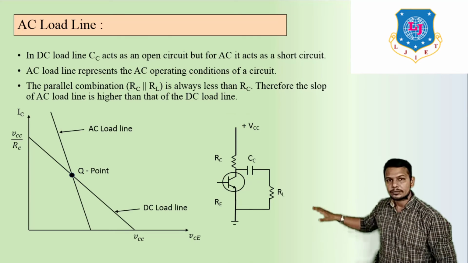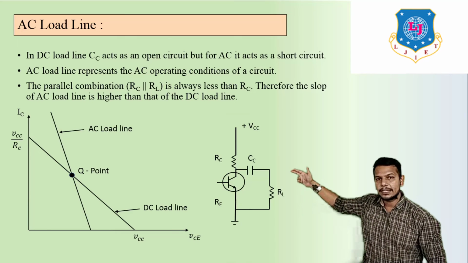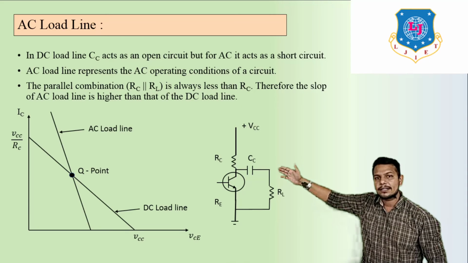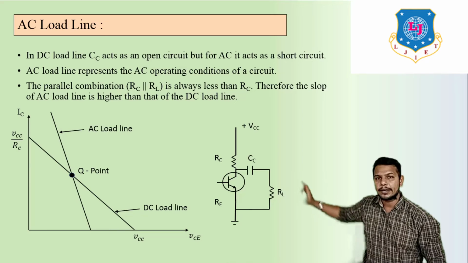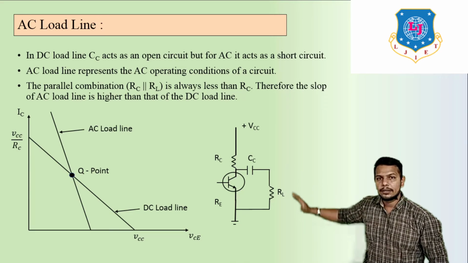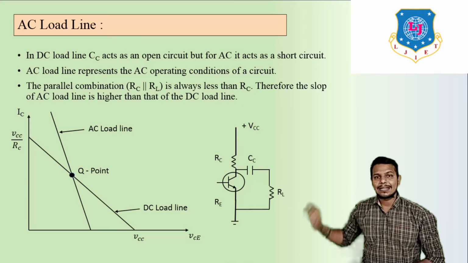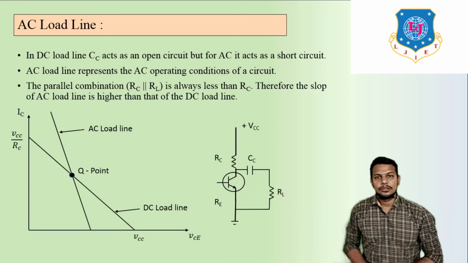Here in this circuit diagram, this is RL, this is the capacitor, and above we can see RC. Because the capacitor becomes short circuited, RC and RL become parallel, and due to this the combination is always less than RC, as we can see from this graph.